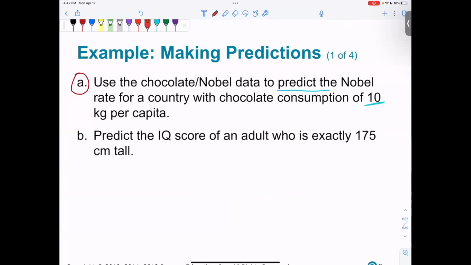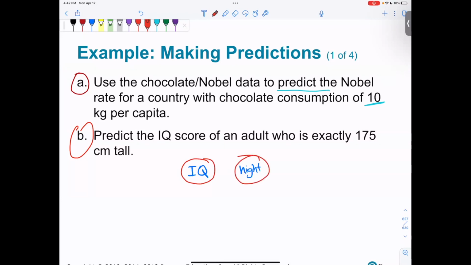But what about this one? B, predict the IQ score of an adult who is exactly 175 centimeters. Now, first of all, even though we didn't study the correlation between those two variables, we have two variables, right? We have the IQ and we have the height. Do you think there is really any relationship between IQ and height?